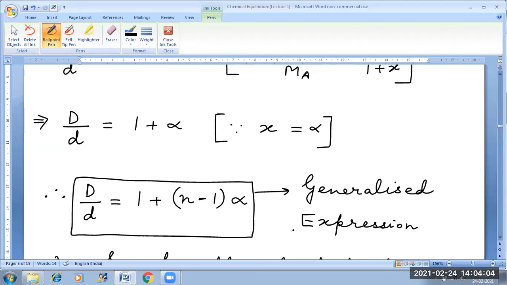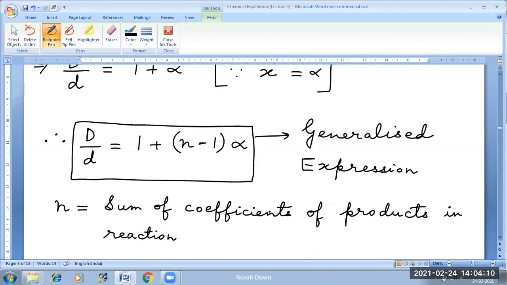It is not delta n. N is the sum of coefficients of products only in the reaction.